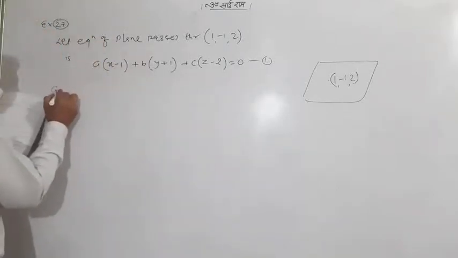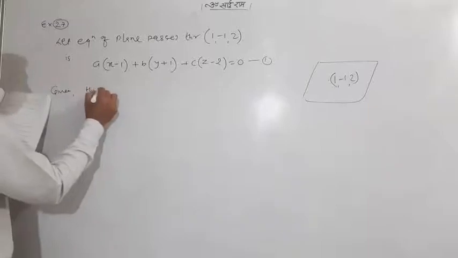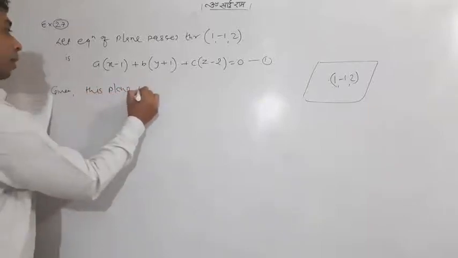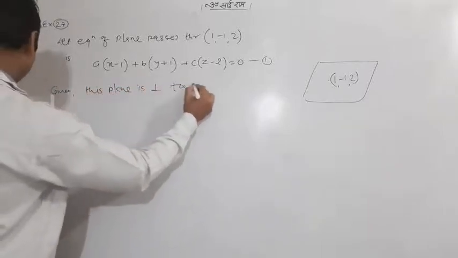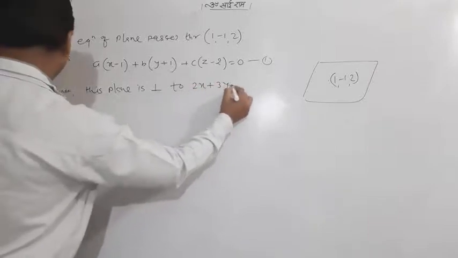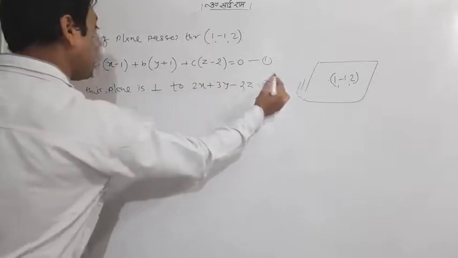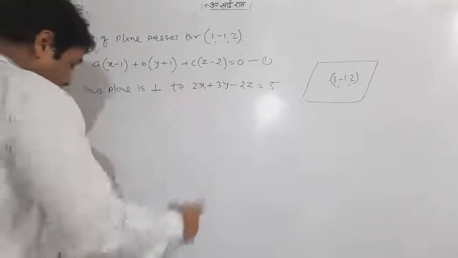It's given that since this plane is perpendicular to 2x + 3y - 2z = 5, this plane is perpendicular to that plane.